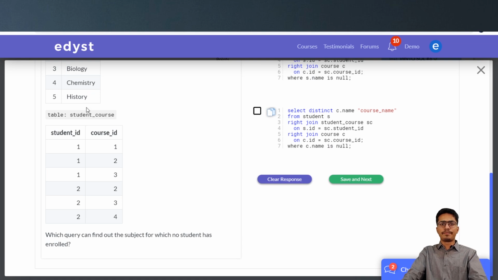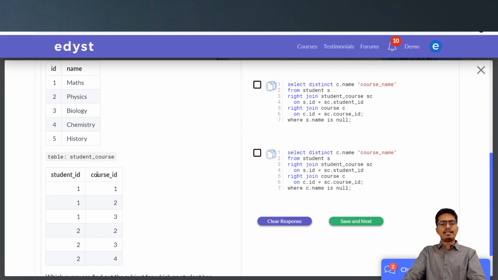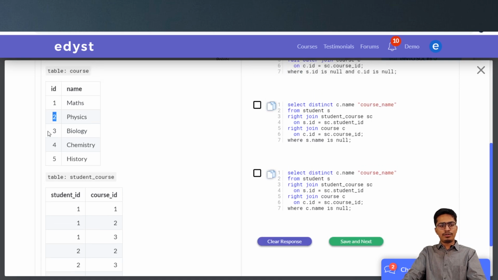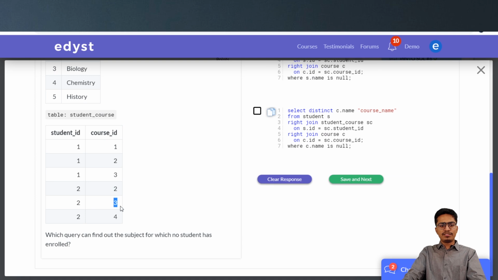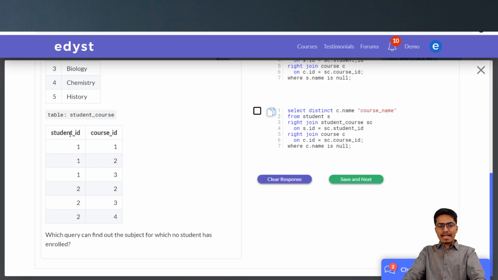For instance, if you were to do a right join of student course on the table course, then these course IDs 1, 2, 3 would join 1, 2 and 3. The course IDs 2, 3, 4 would again join 2, 3, 4. But this particular course number 5 has no matching with student course.